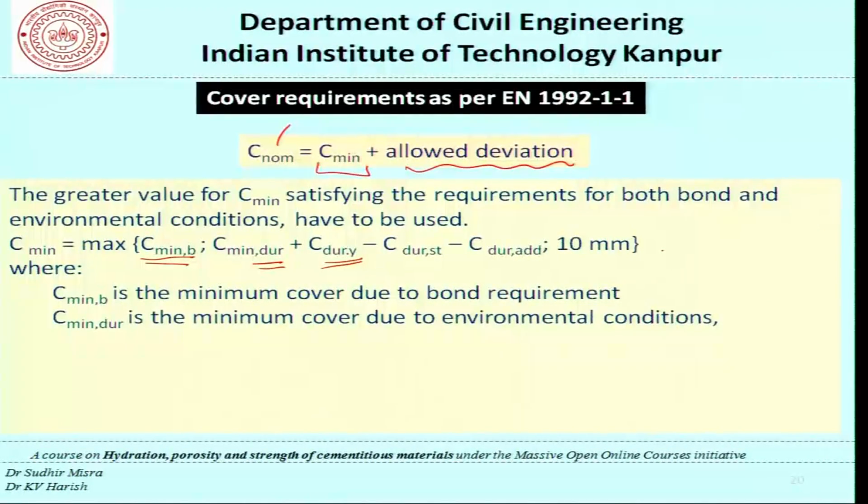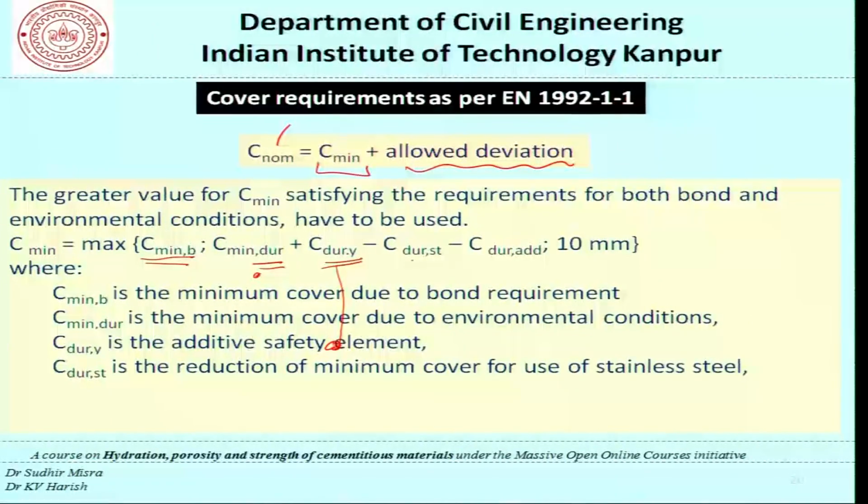C minimum durability is the minimum requirement of cover based on environmental conditions, which is this term here. C delta here is the added safety element to account for the deviations.